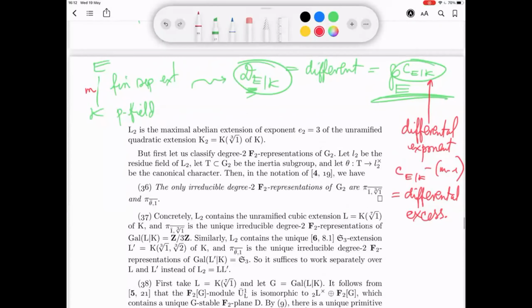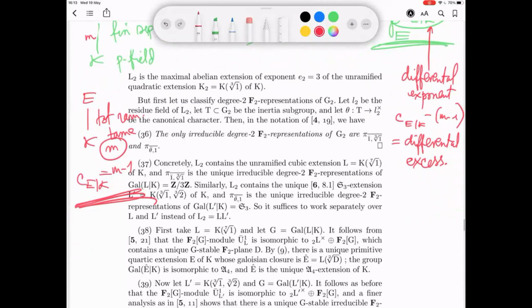I don't know whether you remember this: if you have E over K totally ramified and tamely ramified of degree m, then the differential exponent c_{E/K} is equal to m minus 1. Or rather, suppose you don't put tame in the hypothesis.